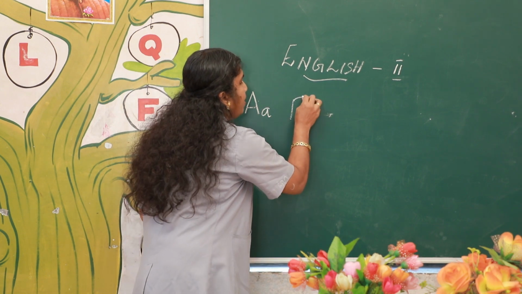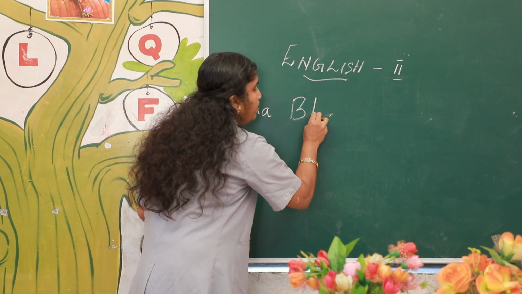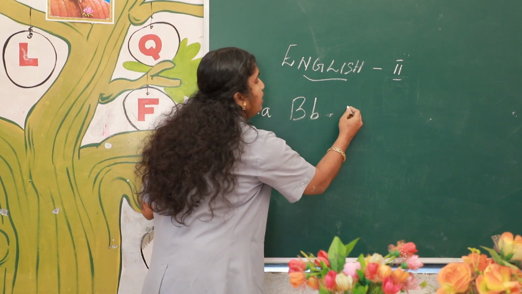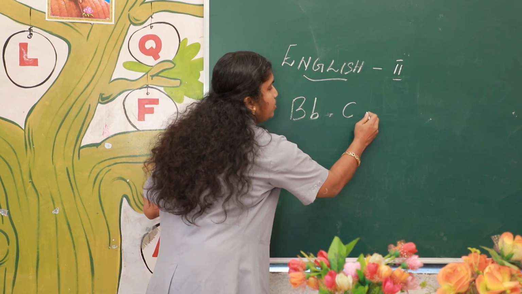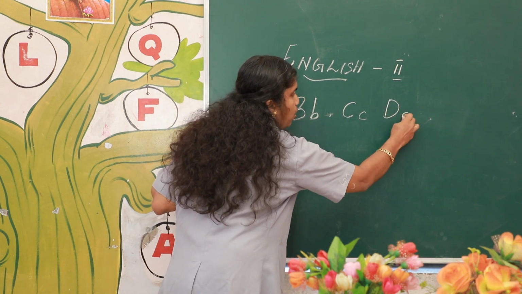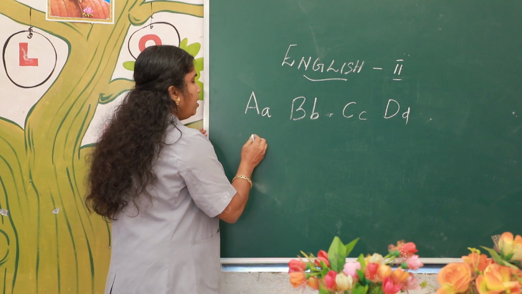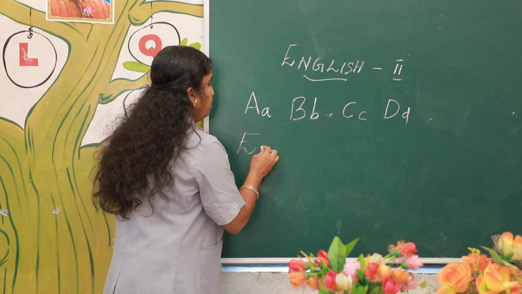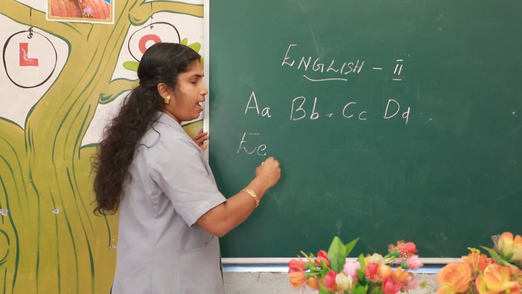Next one, capital B, small b. Third one, capital C, small c. Capital D, small d. E, small e.